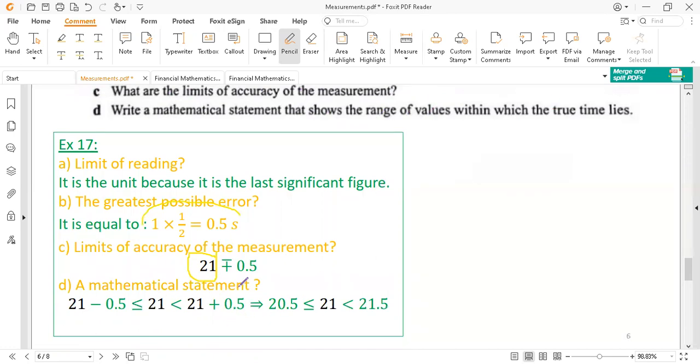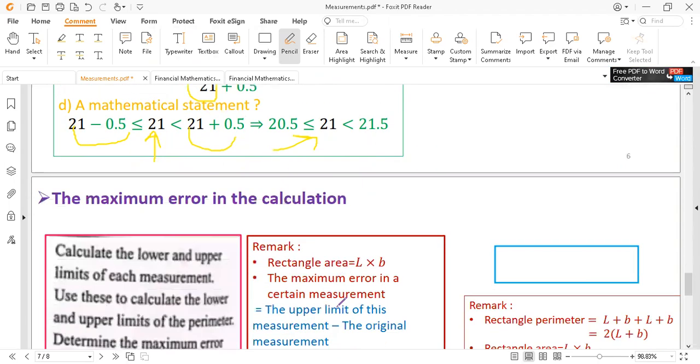And we have a mathematical statement that shows the range of values within which the true time lies. The true time lies between the lower limit of accuracy, 21 minus 0.5, and the upper one, 21 plus 0.5. So this is the mathematical statement that we are searching for.